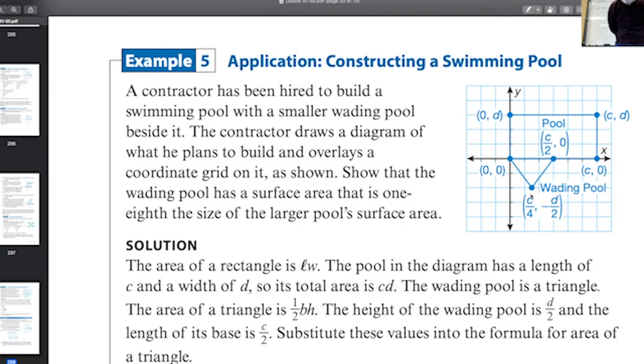Well, 1/2 of that, so that's just C over 2. Oh, that's right. C over 4. Got it. D over 2. That is not D over 2.